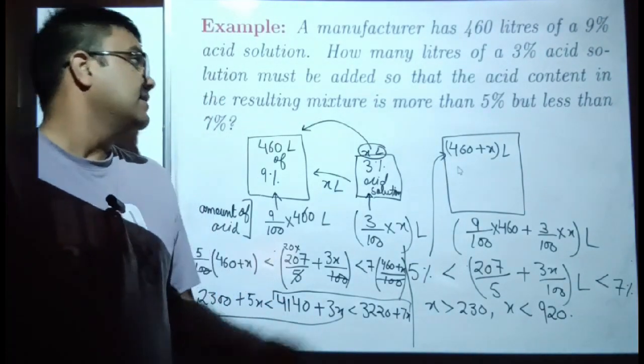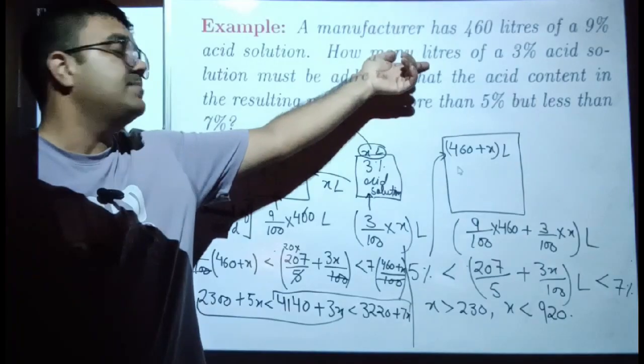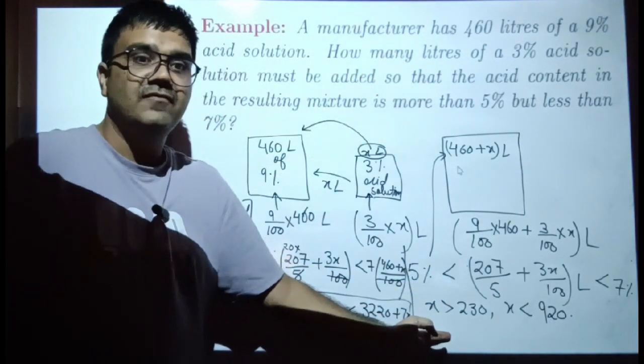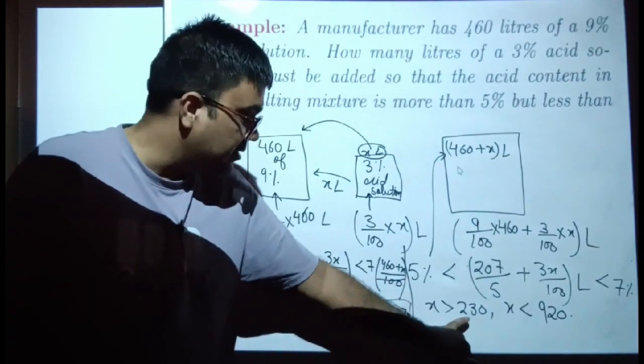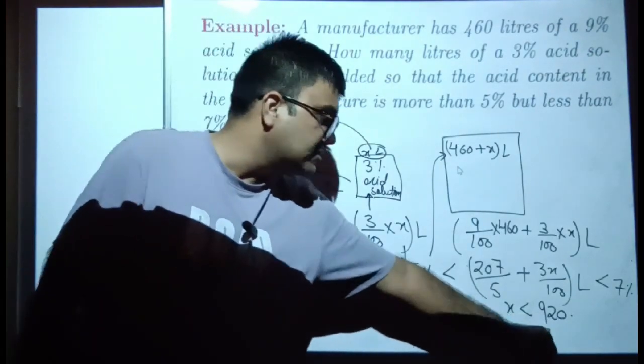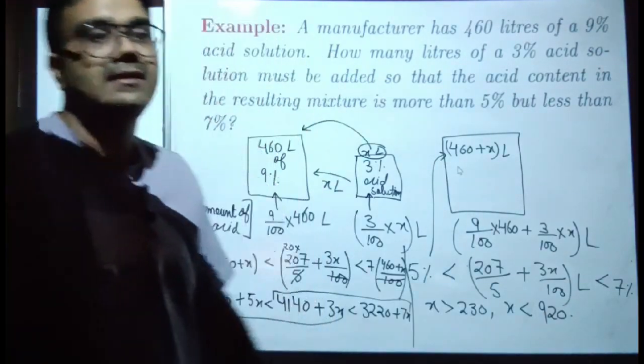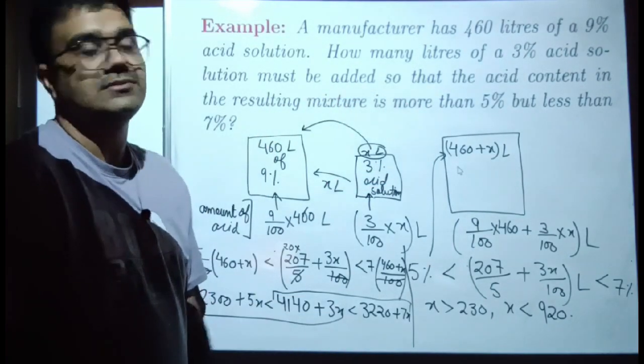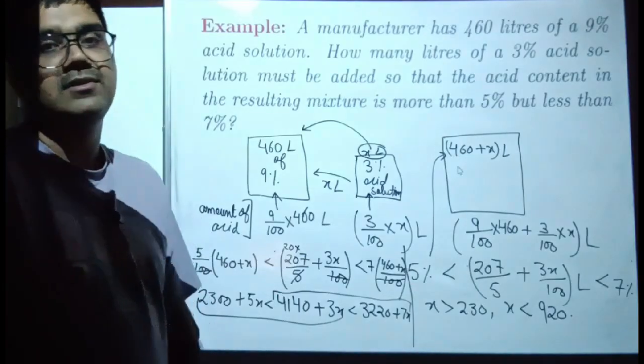So we are saying that if we want to add 3% solution, how much solution do we have to add? We have to add the solution between 230 liters and 920 liters to make it a 5% to 7% solution. So this is the amount of solution we have to add.